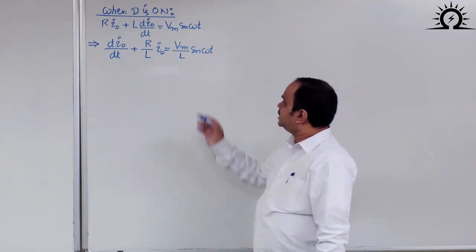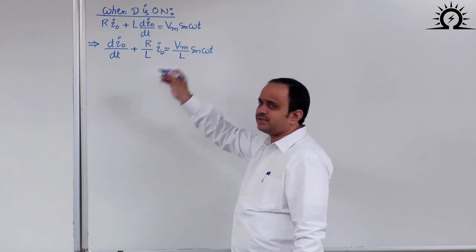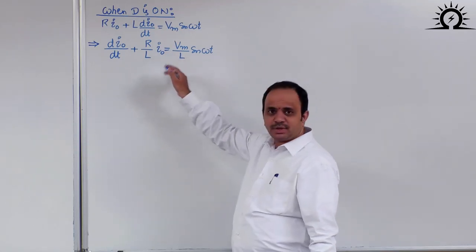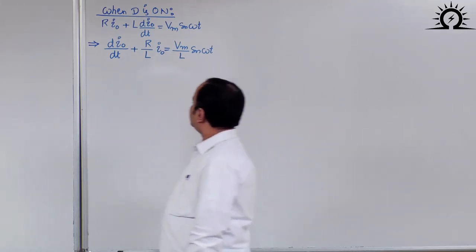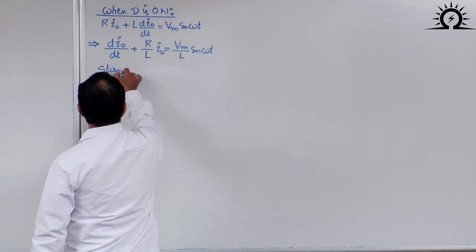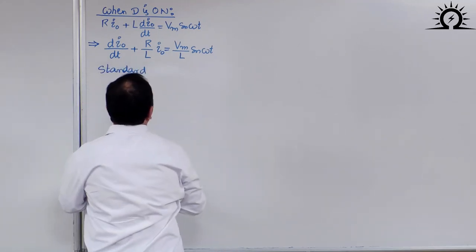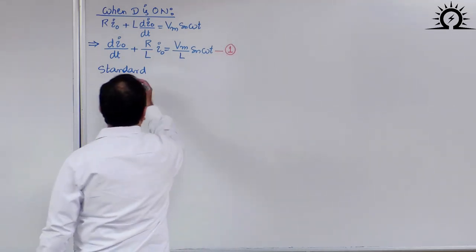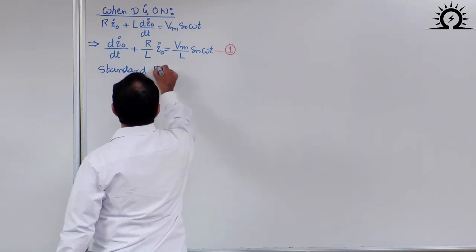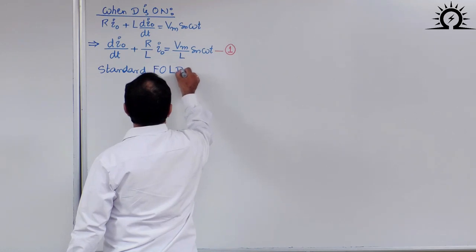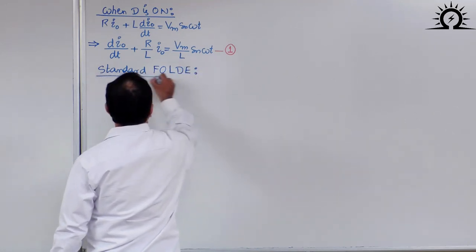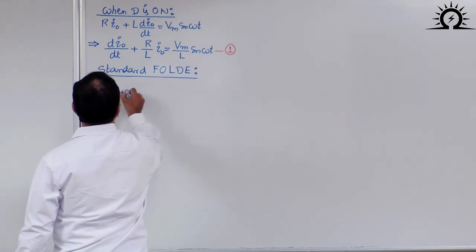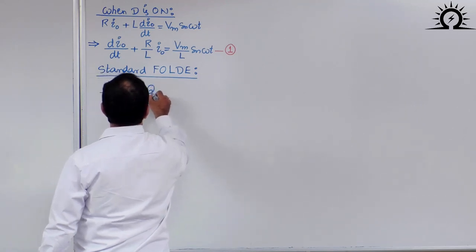Just to solve this equation, let us follow the standard procedure. Let us say this is equation number 1, just to avoid confusion. Now I can compare this equation with the standard first order linear differential equation, which is in the form dy by dx plus py is equal to q.